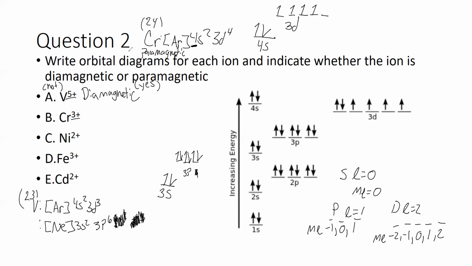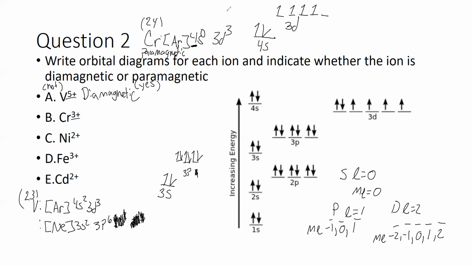So I take away 2 electrons from there. So this actually becomes 4s0 because I took 2 electrons from there. Then I take 1 electron from the 3d orbital to make that 3d3 instead of 3d4.